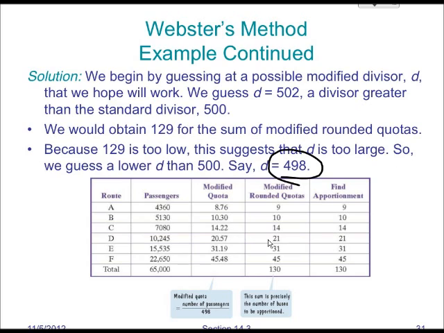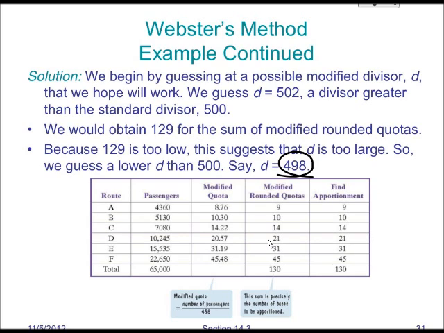Let's try 498. Again, this is not something that is easy. This is easy only because the numbers have already been guessed and checked for you. But just try something. Try something until it works. So let's try 498.